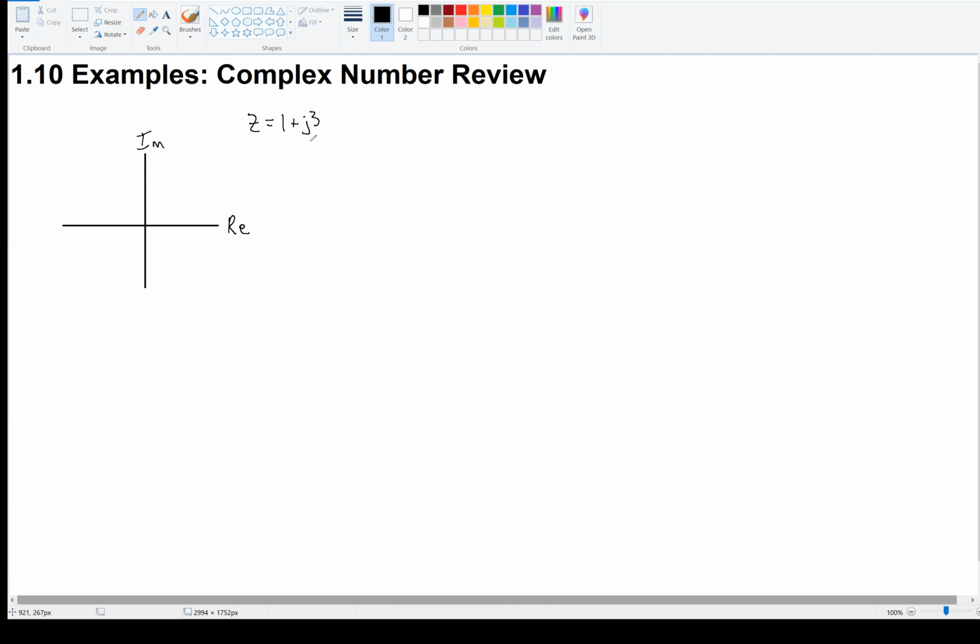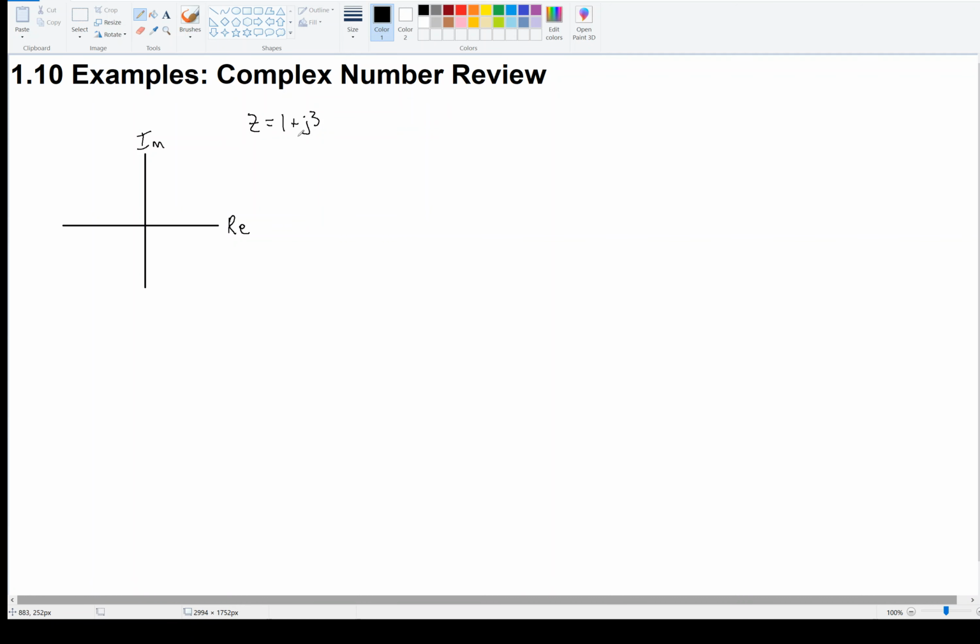Actually, before that, consider this number. I cannot add 1 with j3. Like I cannot combine those numbers 1 and 3 because the 1 is real and the 3 is imaginary. And so this is as simple as a complex number can get. I just can't combine those two things.